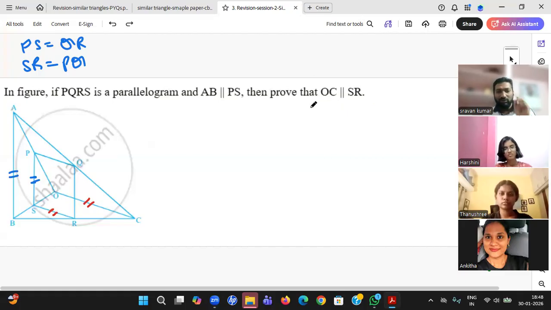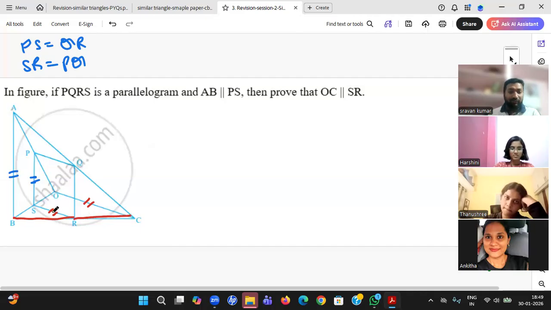If at all I want to prove this, what should I start with? We need triangle BOC. Very good. You see, student, I want to prove these both parallel. We have learned BPT and converse BPT. So if I want to prove parallel, you need to bring in the converse BPT statement. If BR by RC equal to BS by SO, then I can say they both are parallel.